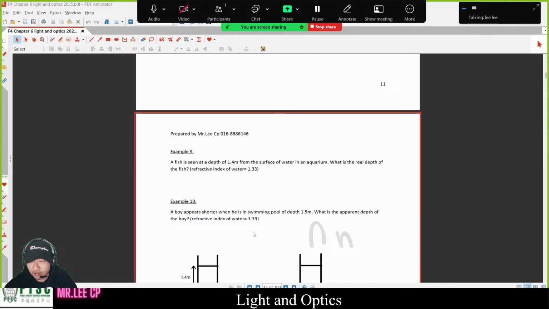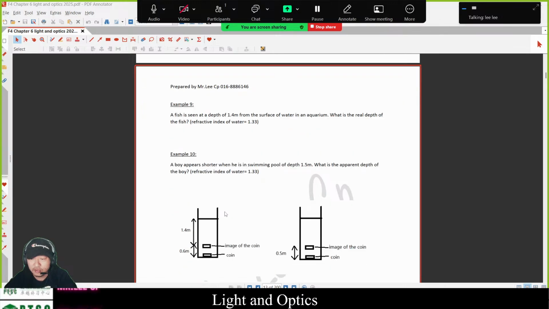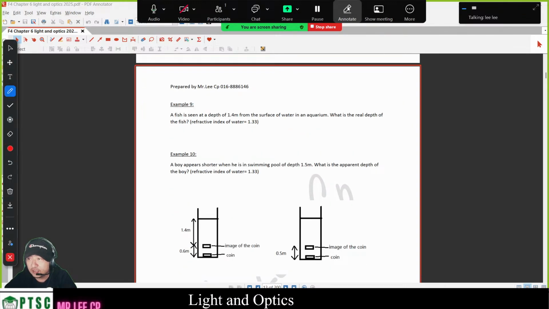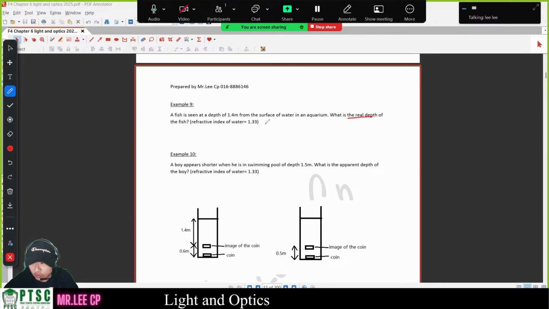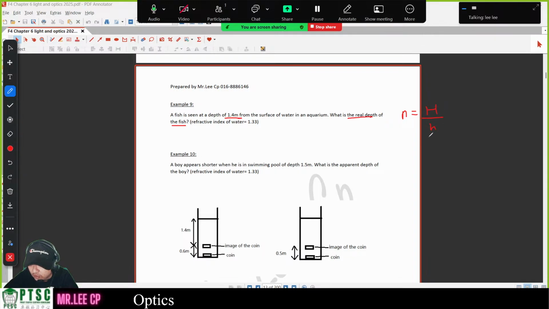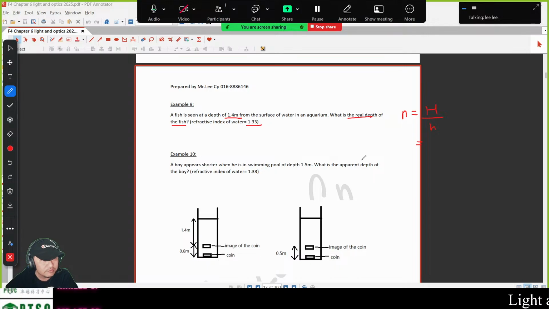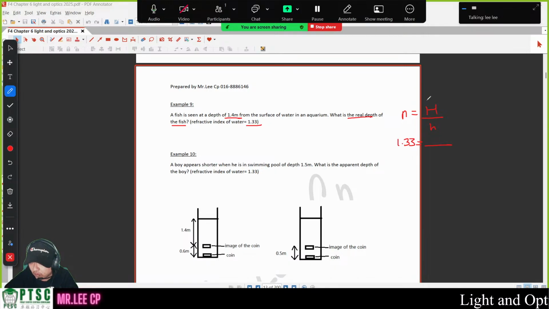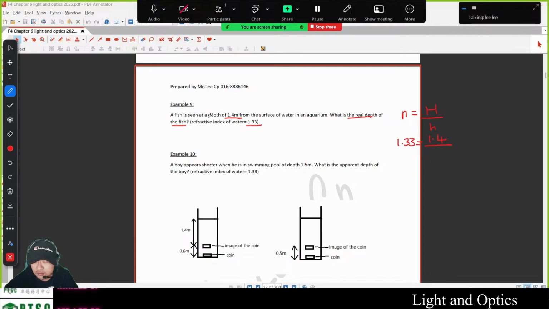For example, I take one example from here. This example only. So what is the real depth of the fish if the fish is seen at 1.4? So N is equal to real depth over apparent depth, right? The refractive index of the water is 1.33. Now real depth, it is 1.4, right? Oh, this one is not 1.4, sorry.